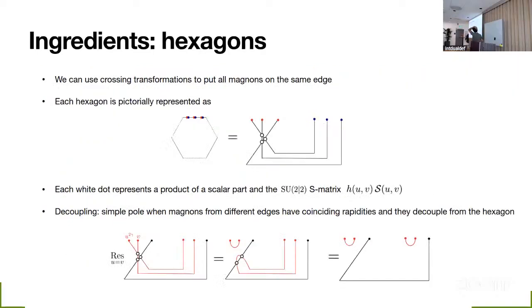Okay, so now that I explained what magnons are, I explain how to compute the hexagons. First of all, you need to move all magnons to the same edge, and you compute that as follows.